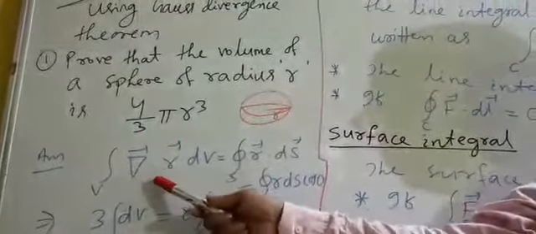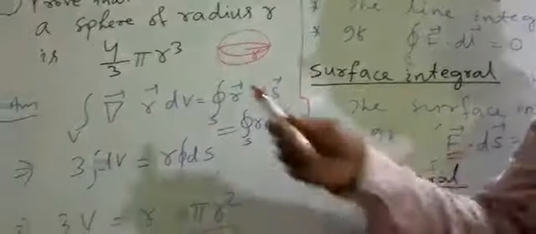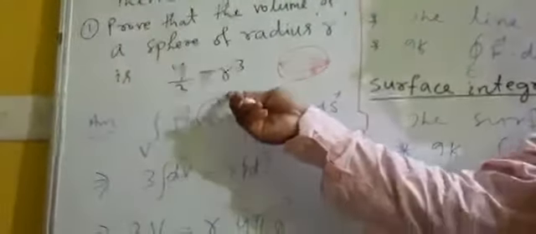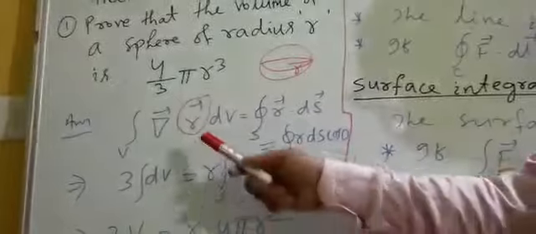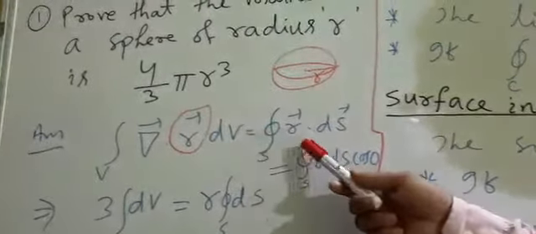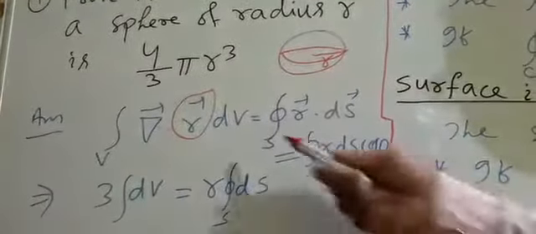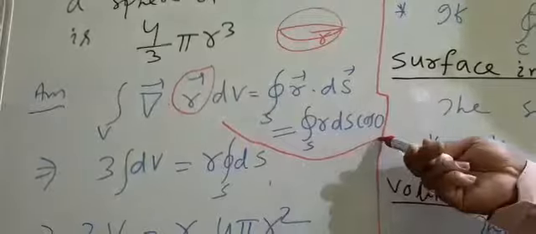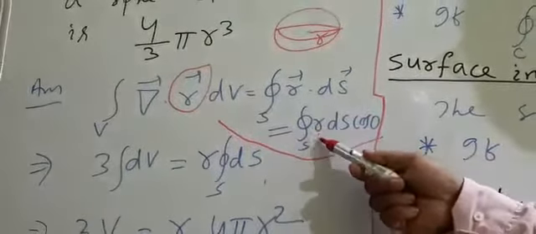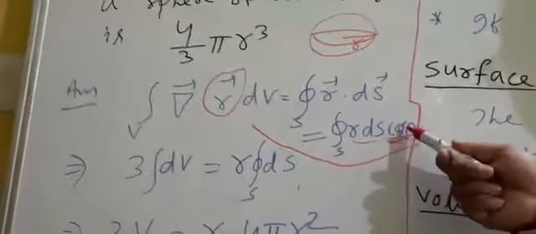Then the general formula of Gauss divergence theorem. Here the vector is r. Then the volume integration of divergence of r dv is equal to, as per the mathematical expression, the surface integral of r dot ds. This r dot ds you can also write as surface integration r ds cos 0. Why can you say cos 0?